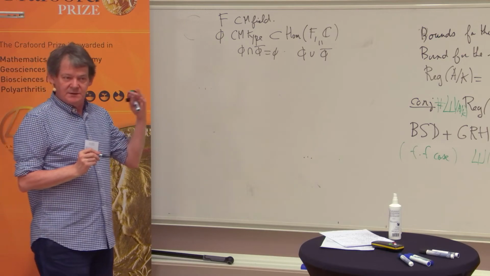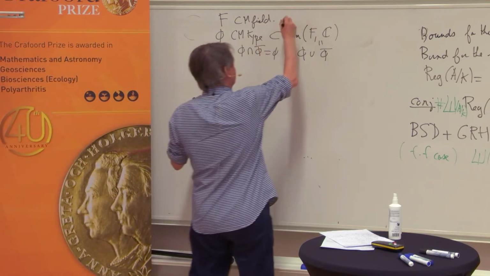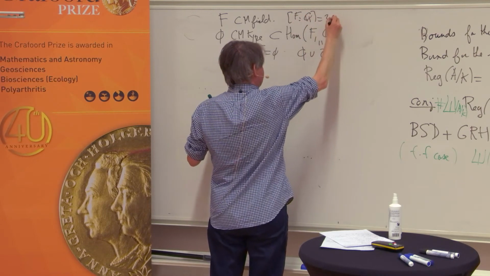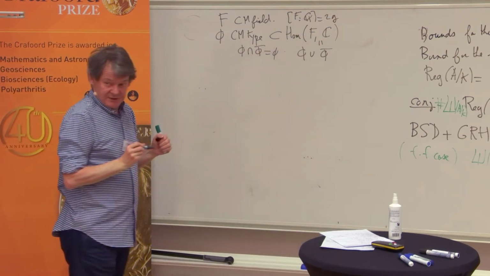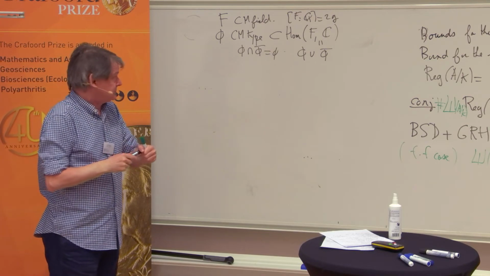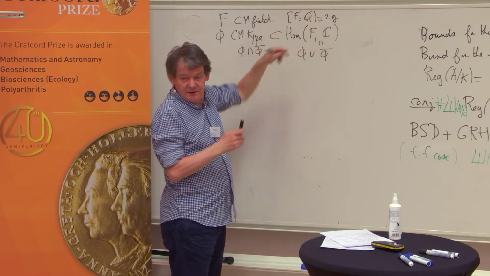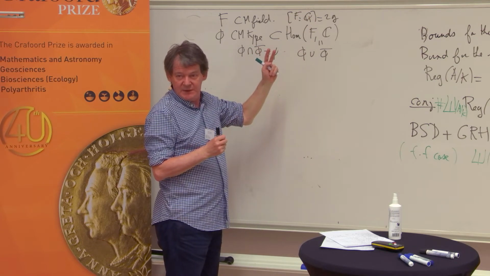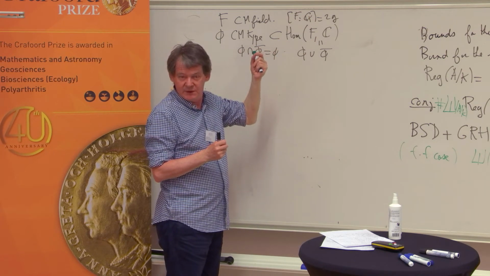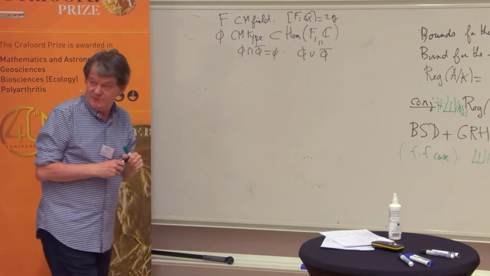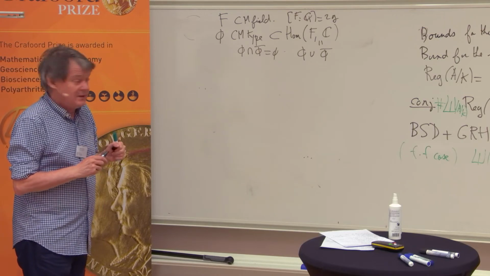So let's call the degree of F over Q equal to 2g. That's the Shimura-Taniyama theory. You take g embeddings; in each pair of conjugate embeddings, you choose one. So you have obviously 2 to the power g such CM types.